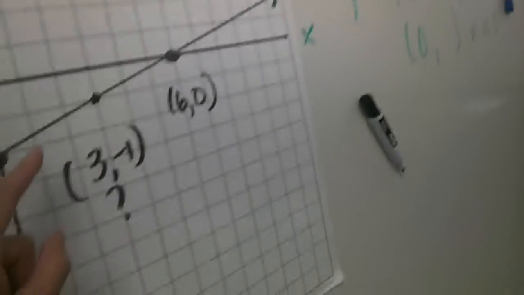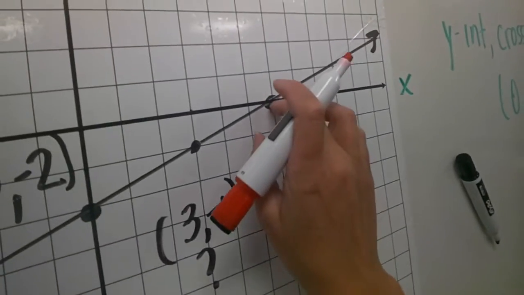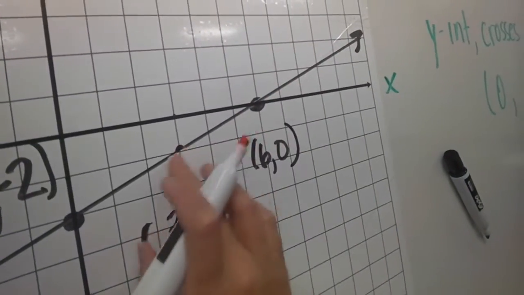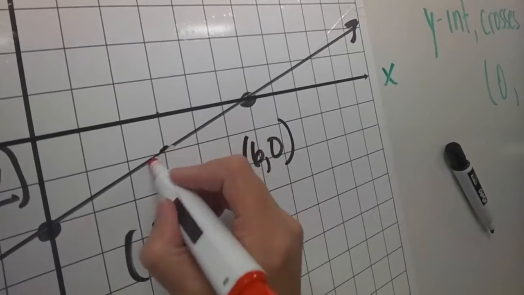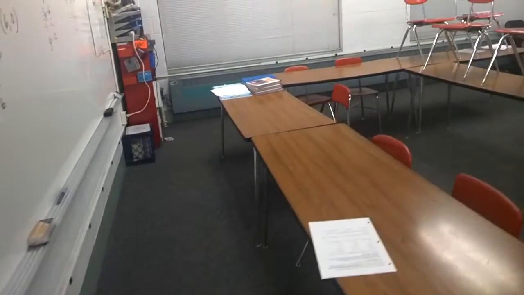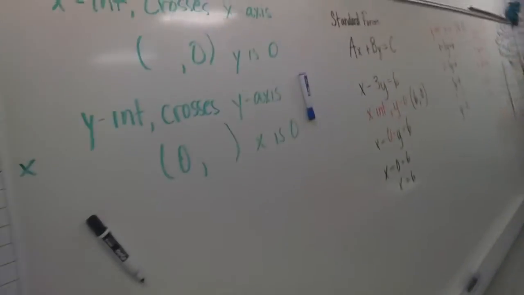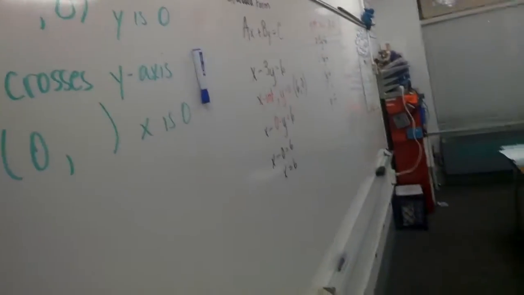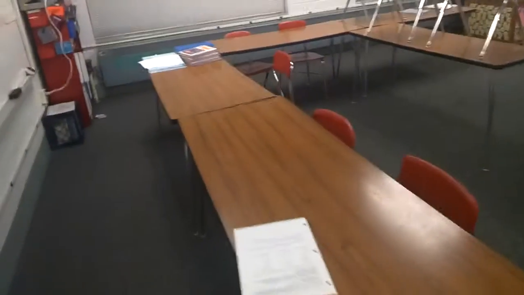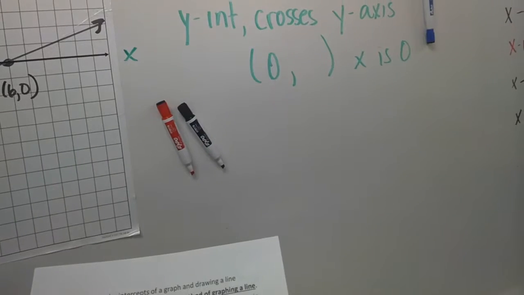That tells me that my fat line over here is not quite right, and I can see that because it doesn't quite go through here. So that point isn't exactly on the line, okay? So you always want to check and see, did I cross at an exact spot, and is my line right? That's why we check. So you always want to check a point. So let's see here. I'll get another example.